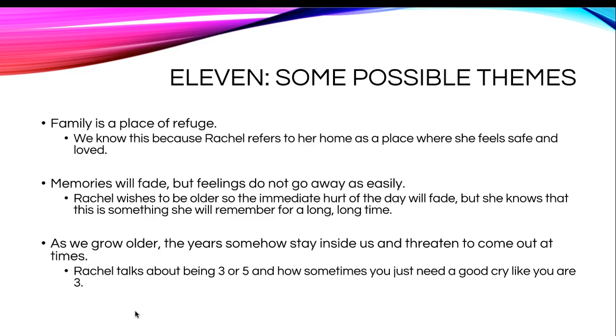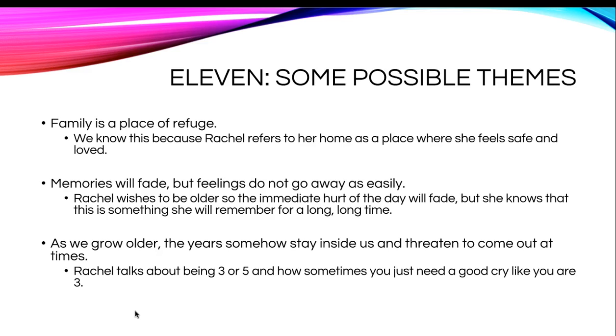It is a truism because it applies to the world outside of the story. It's something that we can demonstrate from the text by pointing back. And as Karen pointed out, we know this because Rachel refers to her home as a place where she feels safe and loved. Another one would be memories will fade, but feelings do not go away as easily.